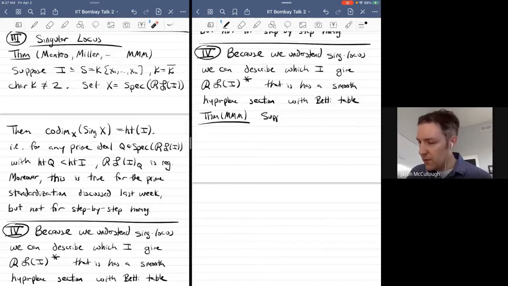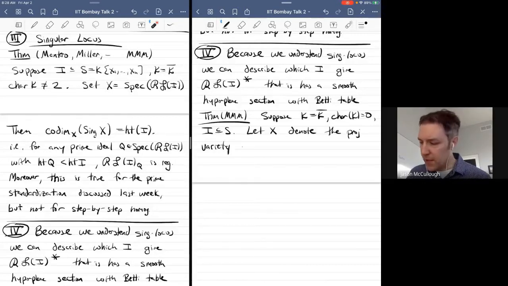So once again, suppose that the field is algebraically closed. Here I have to assume the characteristic is 0, and that I is this graded ideal as before. So let's let X denote the projective variety obtained from some prime standardization of the Rees-like algebra of that ideal.